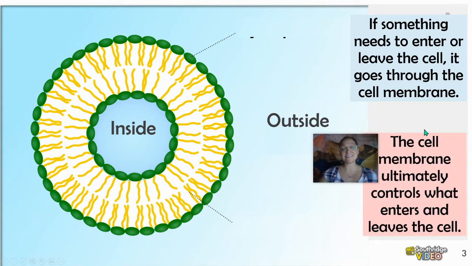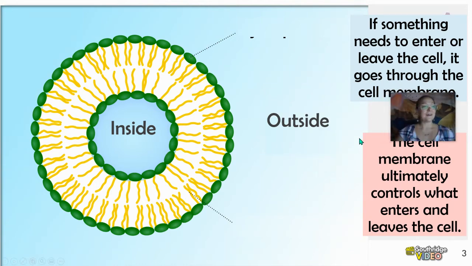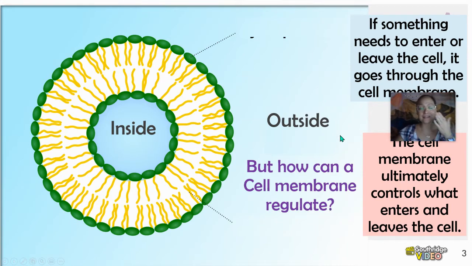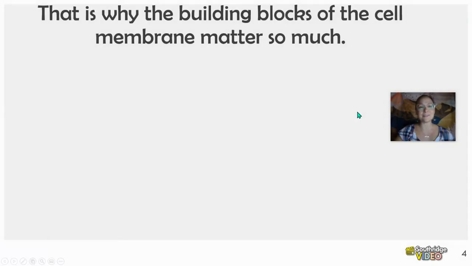And so basically, the cell membrane ultimately controls or regulates what can enter or leave the cell. But how can a membrane regulate, right? So that's what we're going to talk about in this video. What is the lipid bilayer actually made from, and how does that control what can enter and leave a cell?